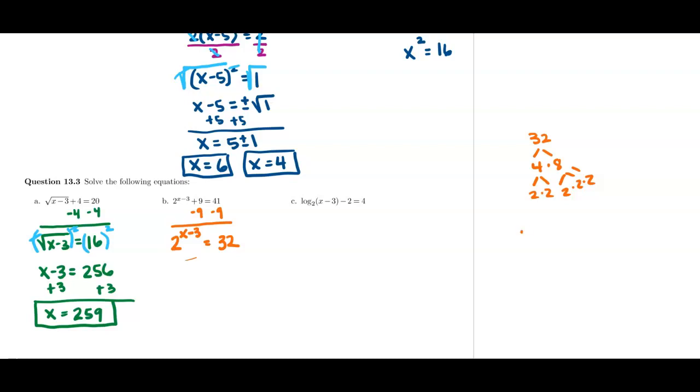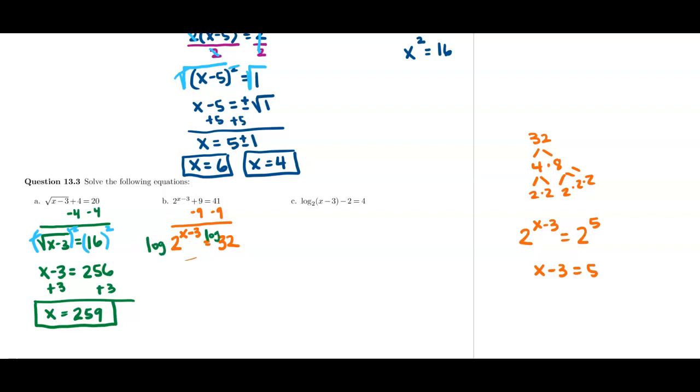So we could solve it doing 2 to the x minus 3 equals 2 to the 5th. And then all we have to do is set those exponents equal to each other, right? But let me show you, with the log, it still will work doing this. I want to make sure everybody understands you can still do the log of both sides here, right?